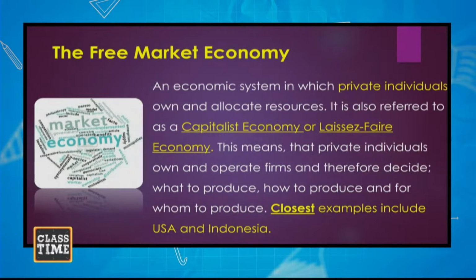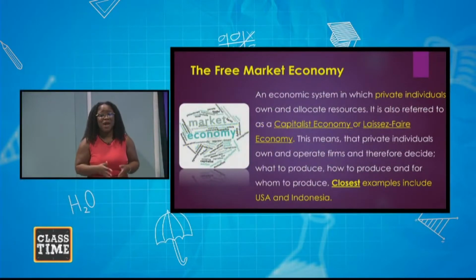This means that private individuals own and operate firms and therefore decide what to produce, how to produce, and for whom to produce. So you see, with this economic system, unlike the command economy, this system is profit-driven. Imagine private individuals, you and I, your parents, grandma, uncle, auntie, engaging in production.